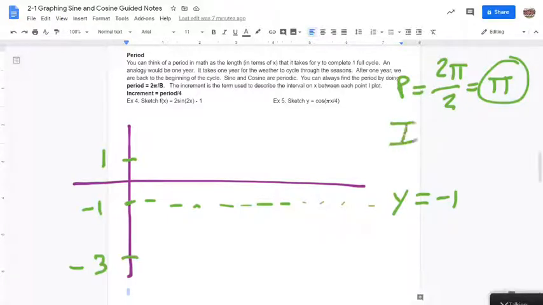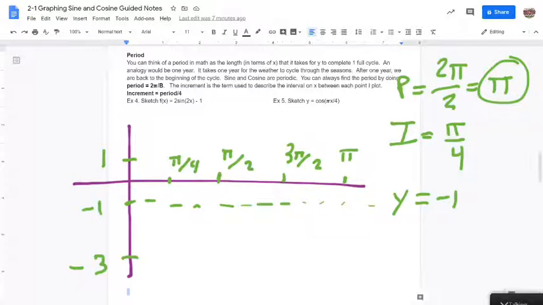That's one full cycle of all our values, but the increment is always going to be 1/4 of our period. So take the period divided by 4, and that tells us our interval on our x-axis. So we just keep adding pi over 4: pi over 4, then 2 pi over 4 simplifies to pi over 2, 3 pi over 4, and then 4 pi over 4 simplifies to pi.